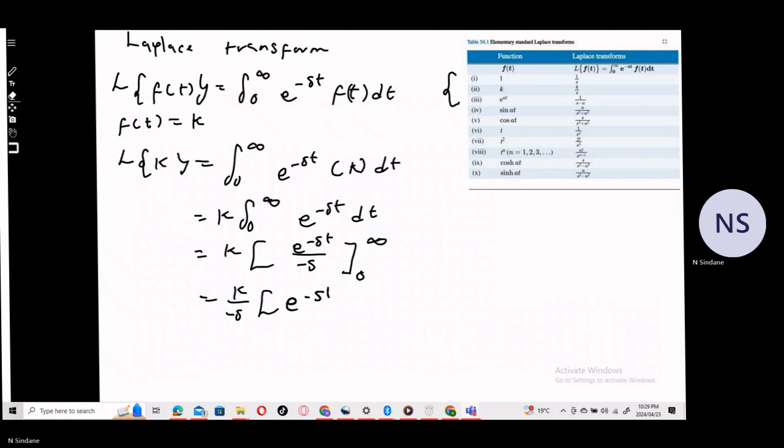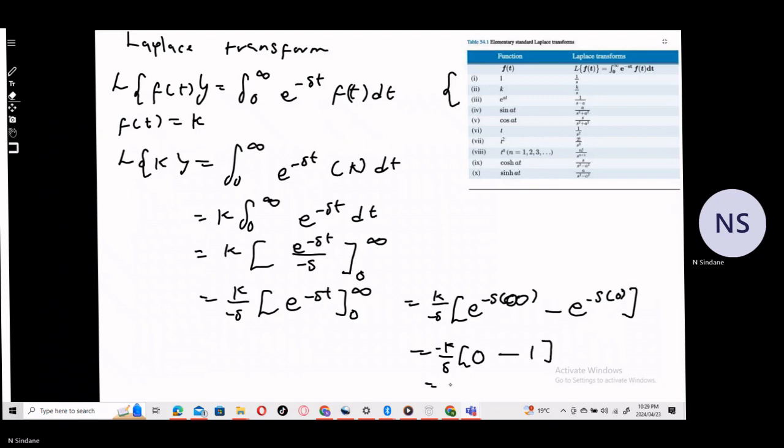I don't like dealing with fractions, so I can say k over negative s into e to the power minus st from 0 to infinity. Substituting, I'll have k over negative s into e to the power minus s times infinity, minus e to the power minus s times 0.